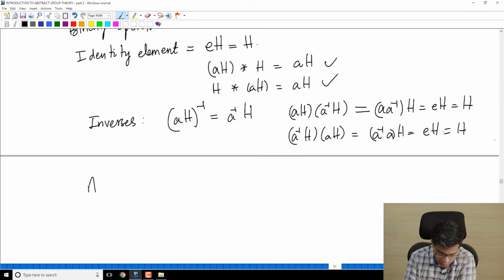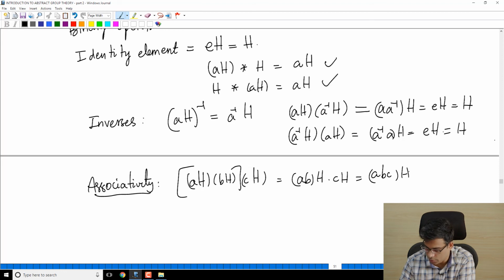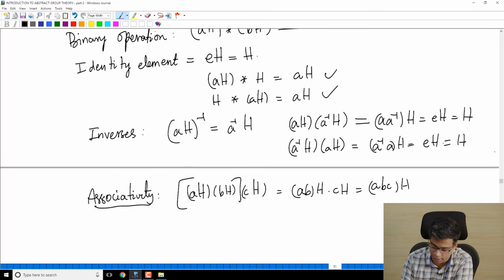And associativity, finally. If you take aH times bH, then take cH, this is abH times cH, which is by definition abcH. Remember, abc you can multiply in any order because this is happening in capital G. So in group G, the product is associative. As you can see, I've started not writing star.